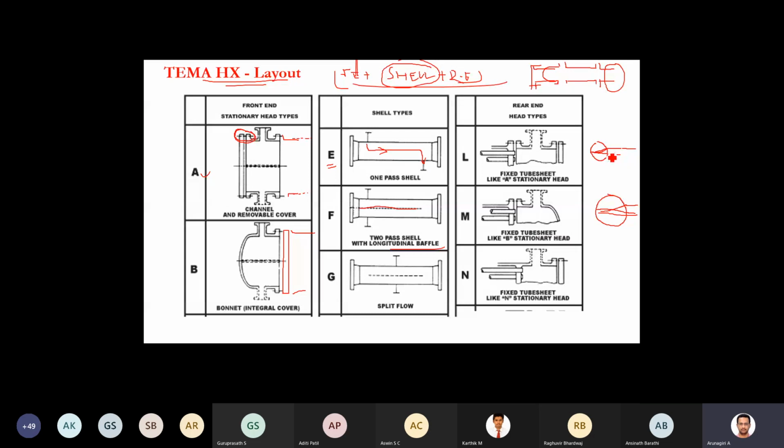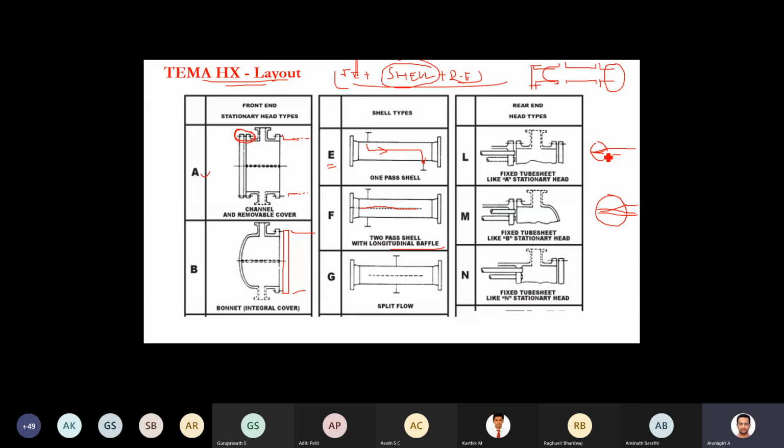If you attach these longitudinal baffles to get two shell passes, what will happen? The tube sheet thickness will increase, because it has to withstand the number of tubes. We are making so many holes on the tube sheet because it has to support the tubes, and the ends of the tubes are connected in the tube sheet.